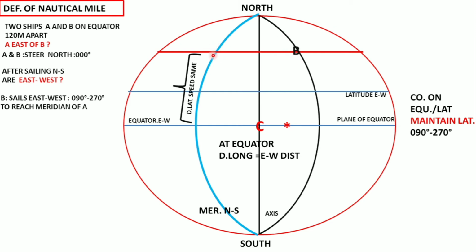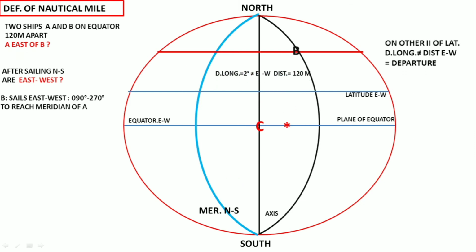When we move from this meridian to this meridian, the distance moved by her is the departure, and the d-long made by her is still the same 2 degrees. So the distance traveled by B is called the departure, which will not be the same as 2 degrees converted into miles, but the d-long here would still be 2 degrees.